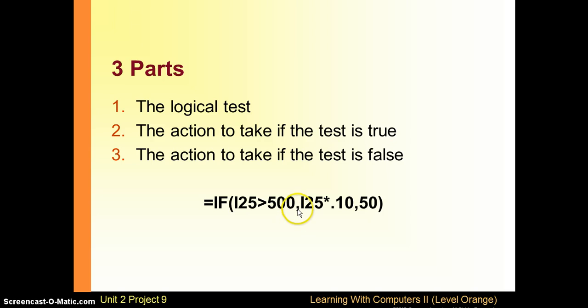And then we use a comma to say then I-25 times 0.10, which stands for 10%. So this section right here is the action to take if the test is true. And then we use another comma to separate the false statement. So if that statement is false, then simply use the number 50.